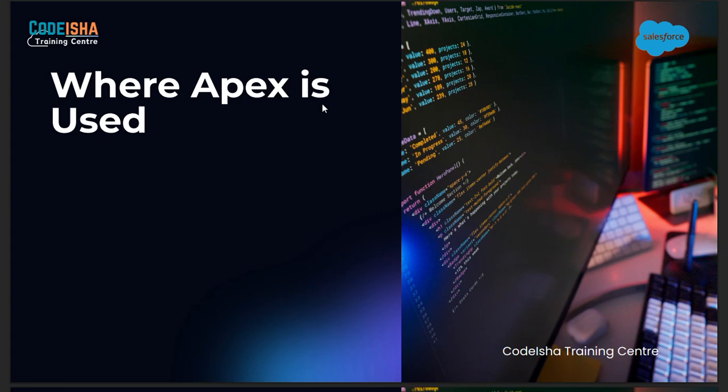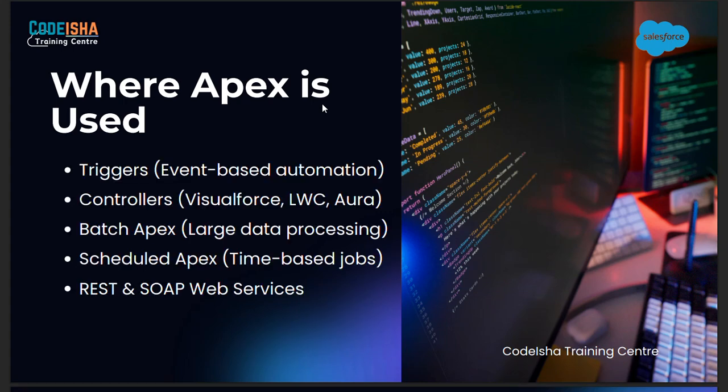Coming to where we use the Apex programming language, let's see. We use it in triggers, like event-based automations. We can use it for controllers like Visualforce, LWC, and Aura.